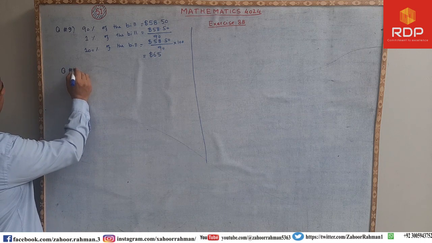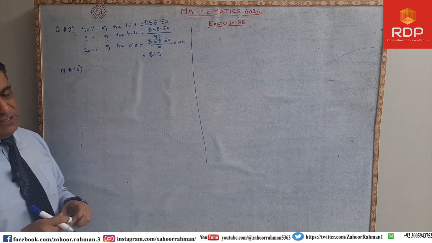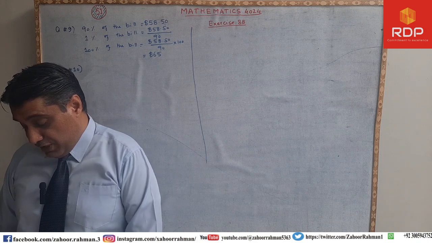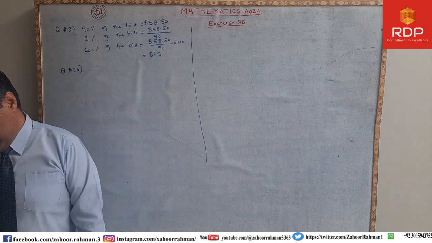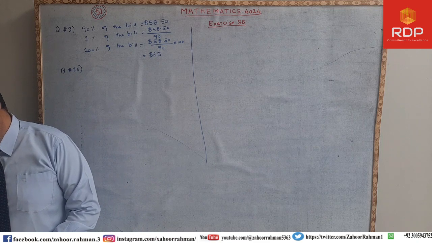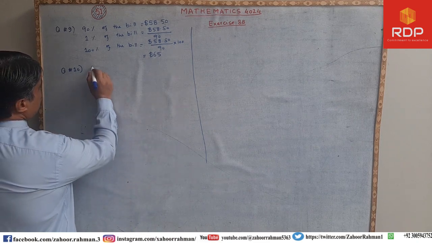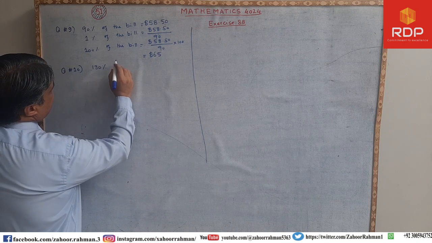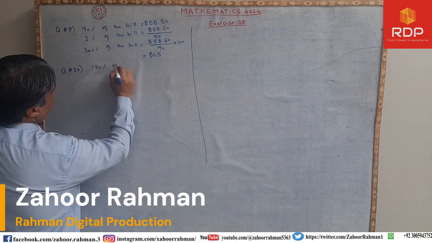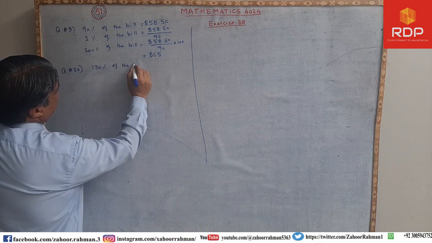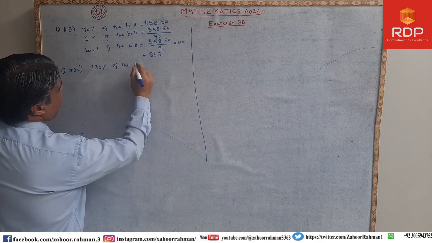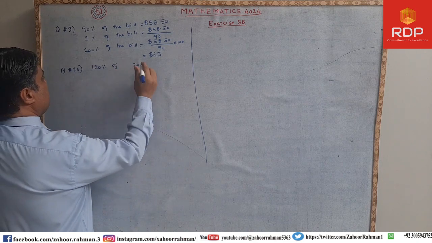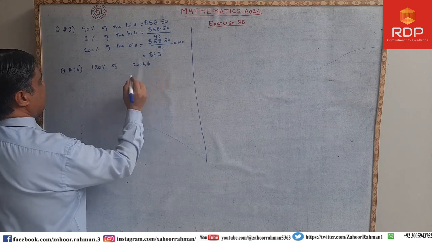Question number 10, and this is the first intermediate level question. Question number 10 is saying the number 2400 is first increased by 30%. So increase means we have to add to 100. So 130% of 2400.